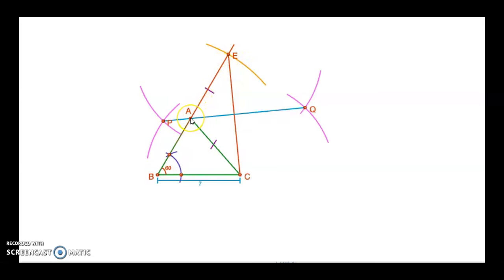That is, as A is on the perpendicular bisector PQ, AE will be equal to AC. Initially, we have considered AB plus AE as 12 centimeters. Now, as AE is equal to AC, we get AB plus AC equal to 12 centimeters. That's how the triangle is constructed.